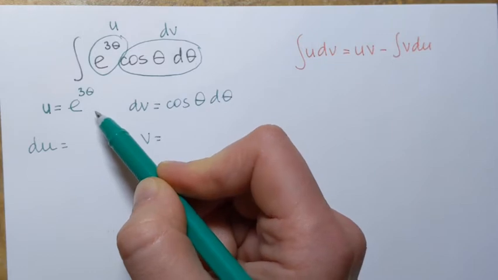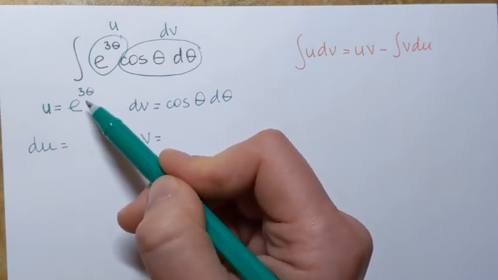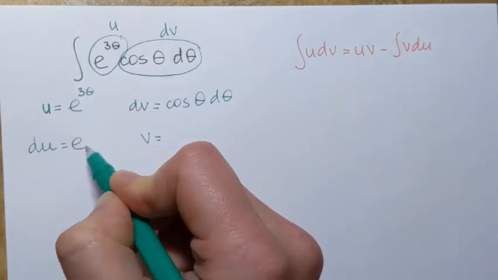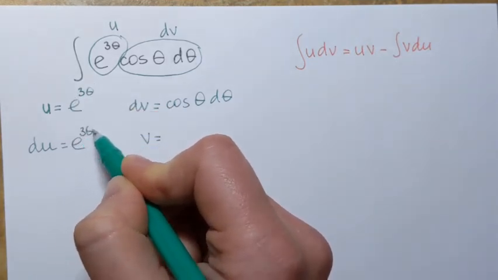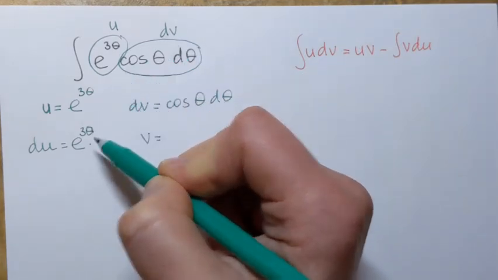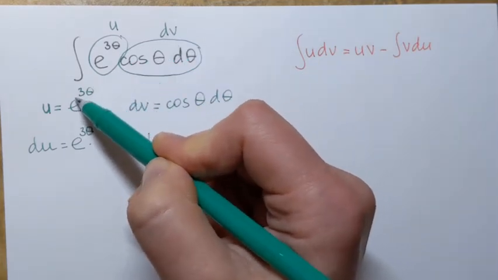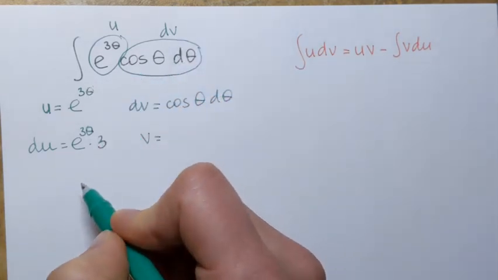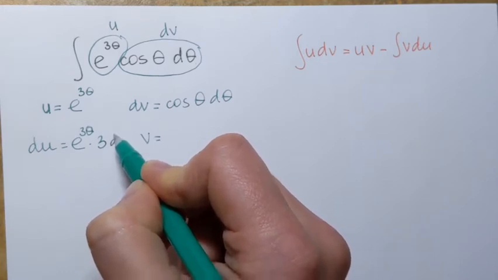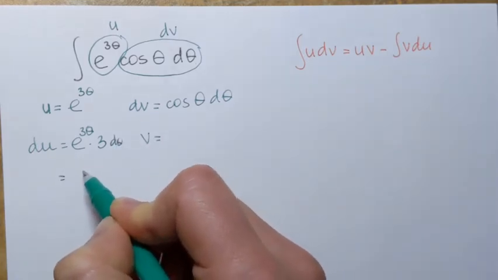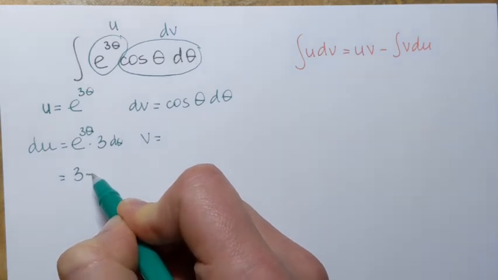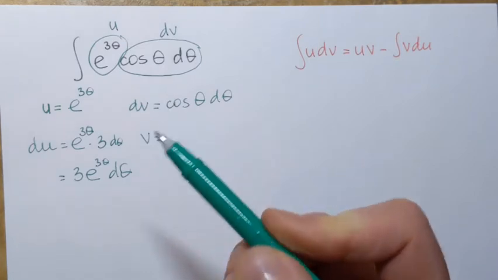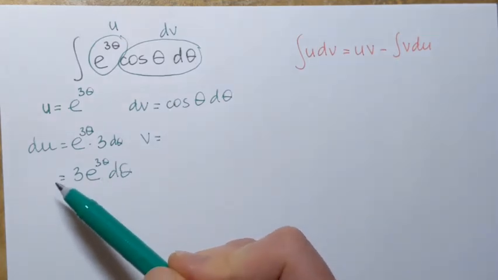The outer function is e to a power, and when we find the derivative of that, it's the same thing, e to the same power, 3 theta. But then we also have to multiply it by the derivative of the inner function, the derivative of 3 theta, which is just 3 d theta. So I'll rewrite and get 3 e to the power 3 theta d theta. So that's du.